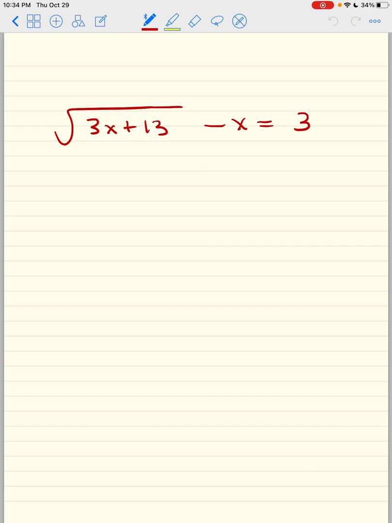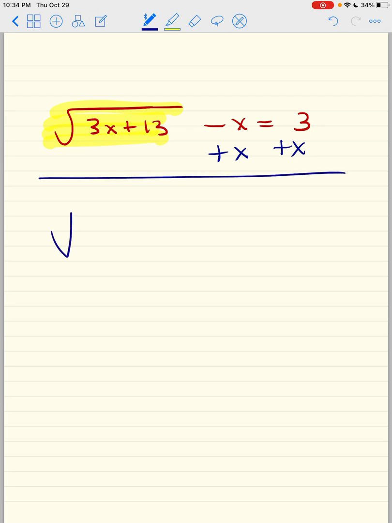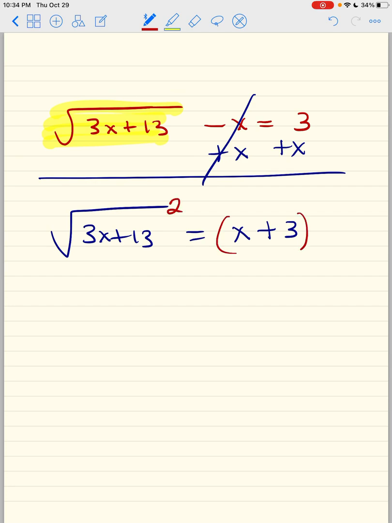In this problem, and this will be my final problem for this video, you cannot start the problem because when I take a look at the square root, it's not alone. So you want to add x to both sides. Square root of 3x plus 13 is equal to, let's put the variable first, x plus 3. You're going to square both sides, and once again, when you square both sides, don't forget to wrap it with parentheses.